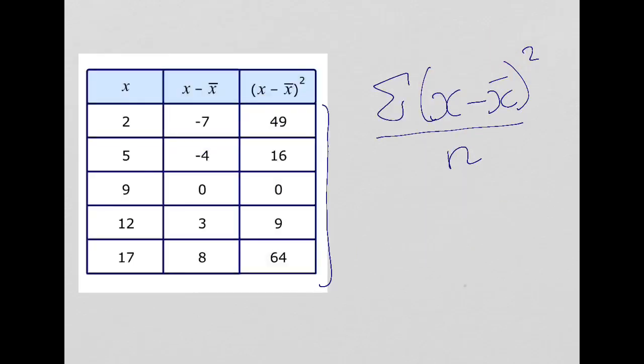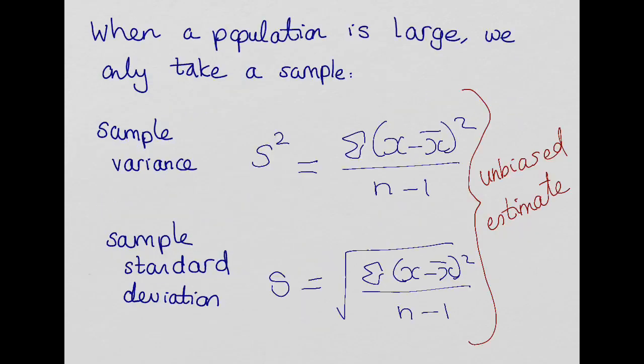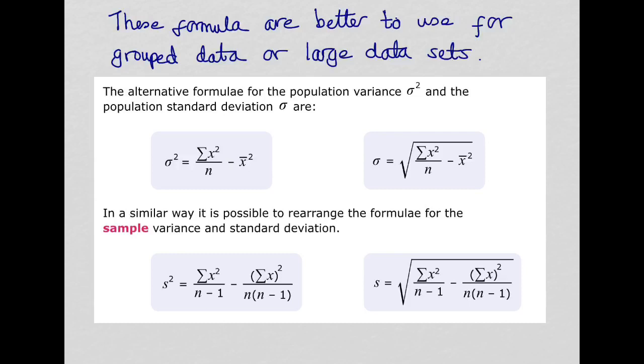Looking back at this table, you have to do all of this. Imagine doing that for 100 values. It's just ridiculous. So these ones are more calculator friendly, and all you have to do is take each individual value, square it, divide by n, and then subtract the mean squared. So it's a little bit easier to use. Those are much better for grouped data, or if you've got large data sets, as it says up here.